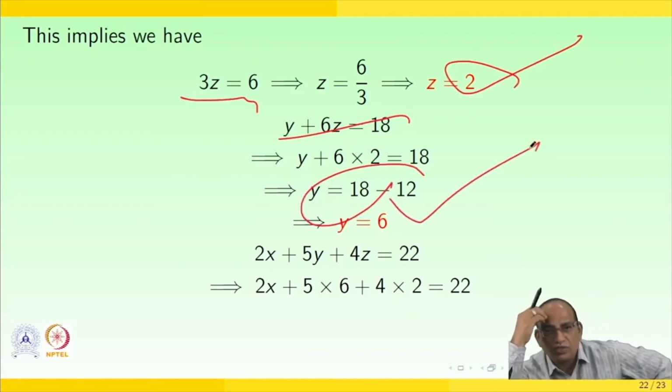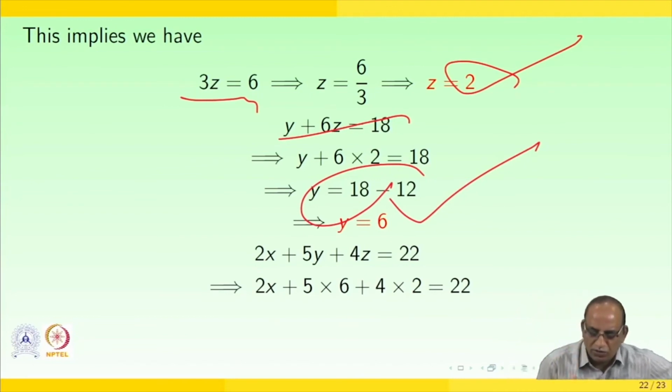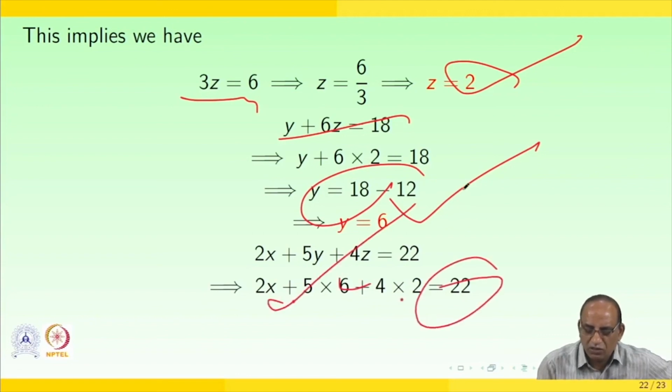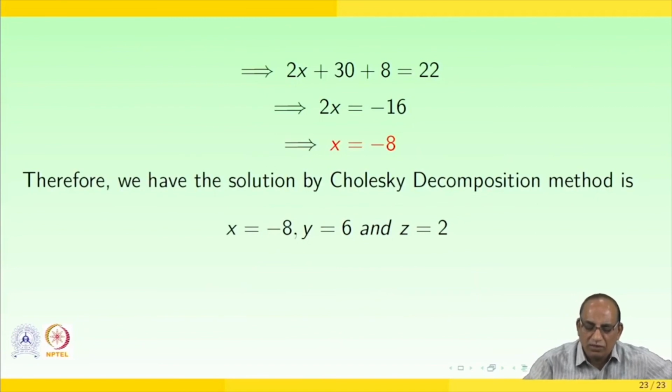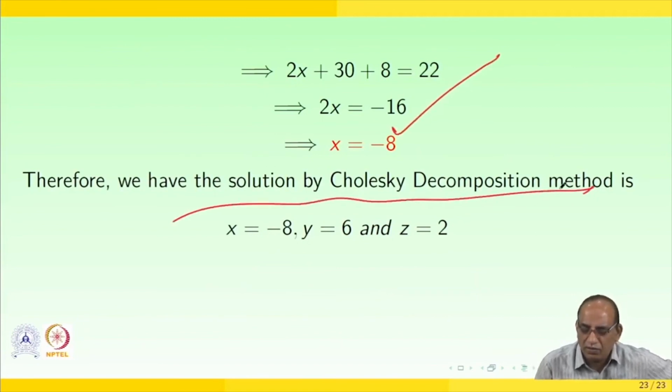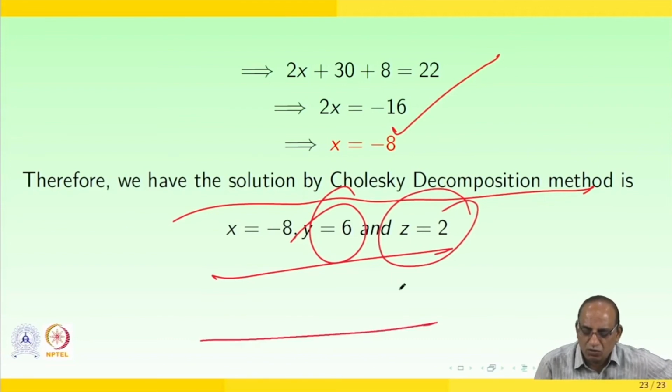Therefore 2x plus 5y plus 4z is equal to 22: 2x plus 5 into 6 plus 4 into 2 is equal to 22, this is verified. So ultimately we have the solution by decomposition: x is equal to 0.8, y is equal to 6 and z is equal to 2.